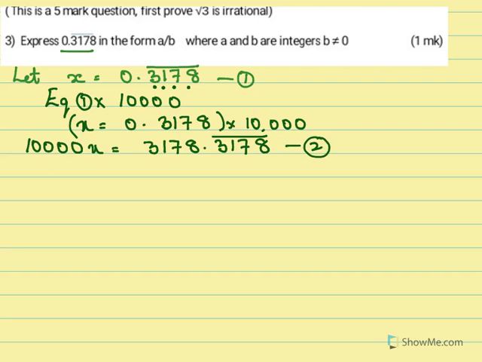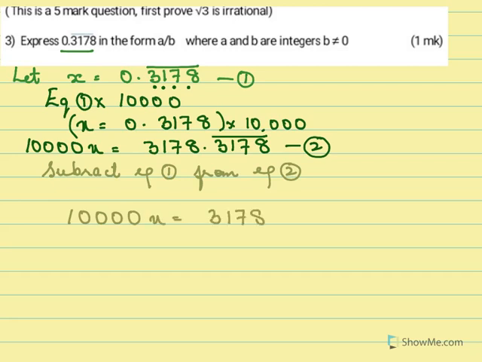In the next step, we subtract equation 1 from equation 2. Equation 2 was 10,000x equal to 3178.3178 bar, and here you have 1x equal to 0.3178 bar.